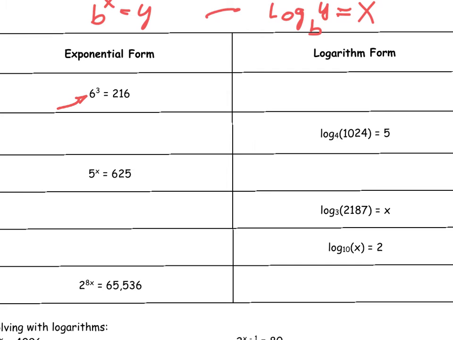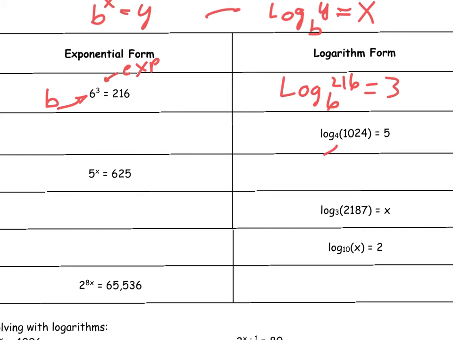So here we go. 6 is my base and 3 is my exponent, okay? So this is going to become log base 6, with a little subscript 6, of 216 equals your exponent, which is 3.